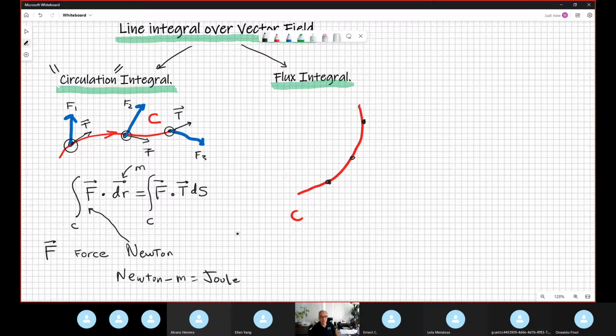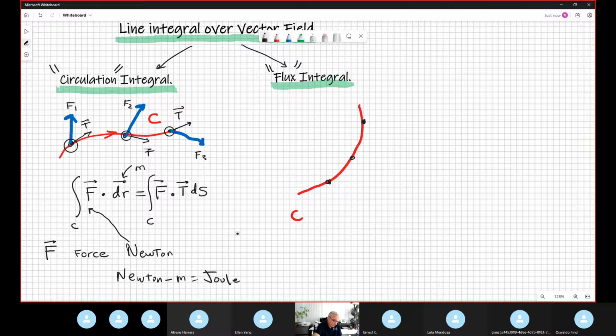And the flux, this new word, flux, is how much of the vector field is passing through the curve C.